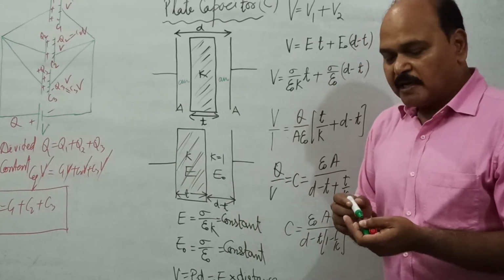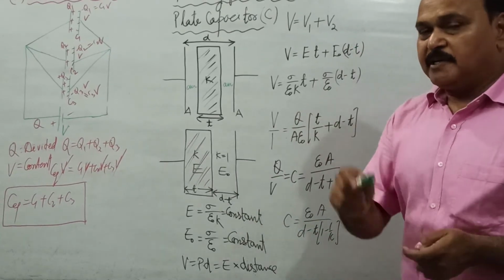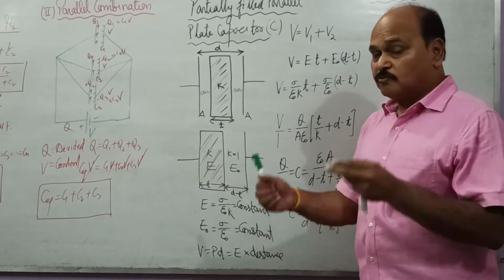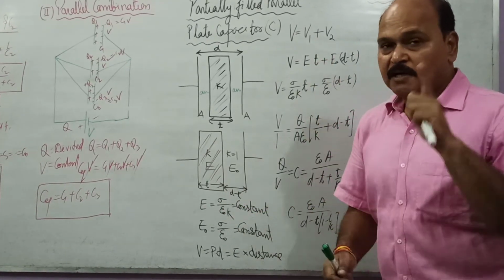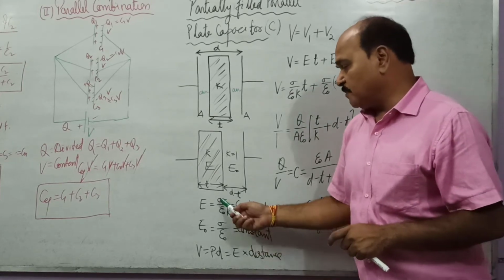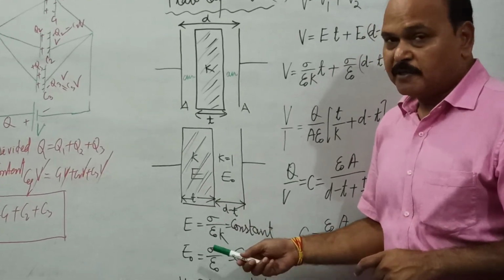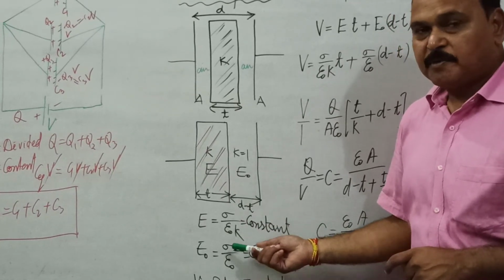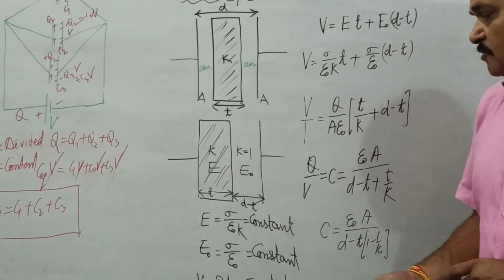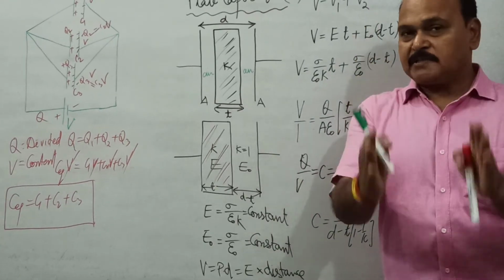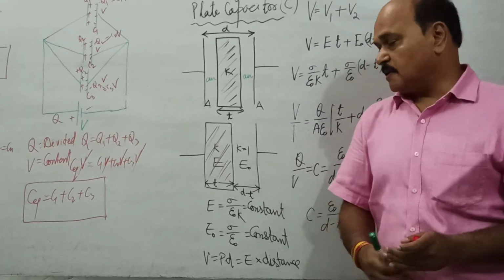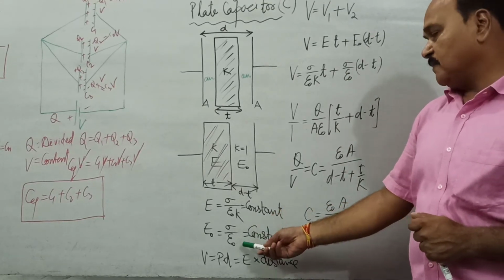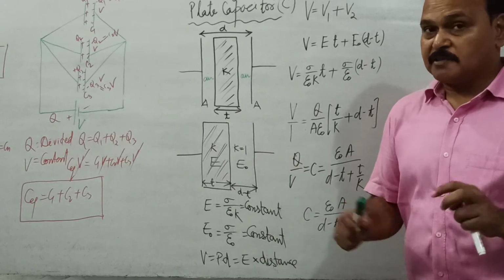Now we know, due to two parallel surface charge distributions, electric field in the medium is sigma upon epsilon naught K, and if it is free space, then the electric field is sigma upon epsilon naught. Sigma is surface charge density. So due to two parallel surface charge distributions, electric field in the medium is given by this relation, and in the free space it is given by this relation, and this electric field is constant.